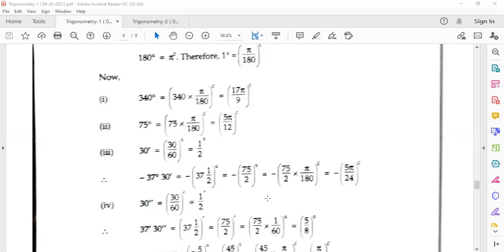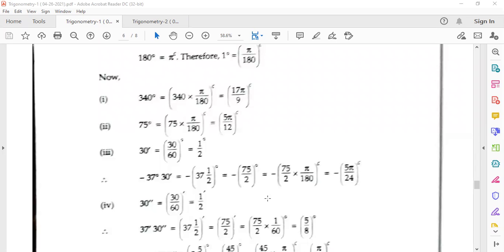So we know the direct relation between radian and degree, but there is no relation between minute and radian, or second and radian. So if it is given in minutes or seconds, then at first our task is to change that second or minute into degree, then the whole part will be in degree, and only then can we transfer it into radian.